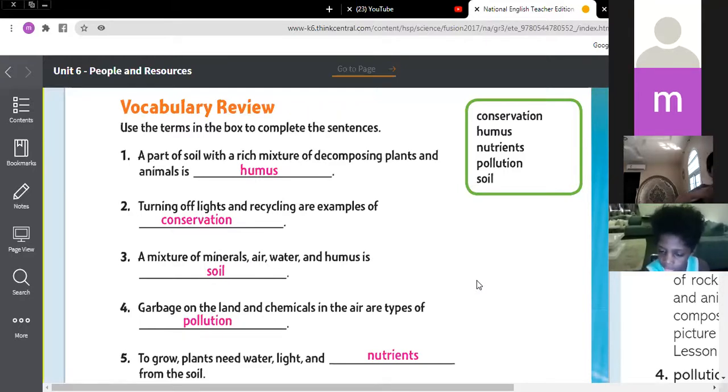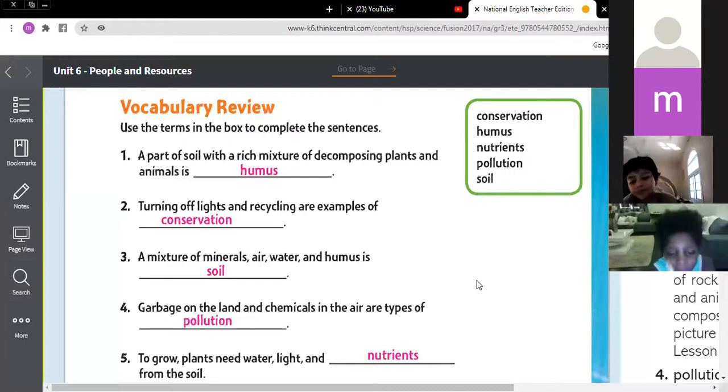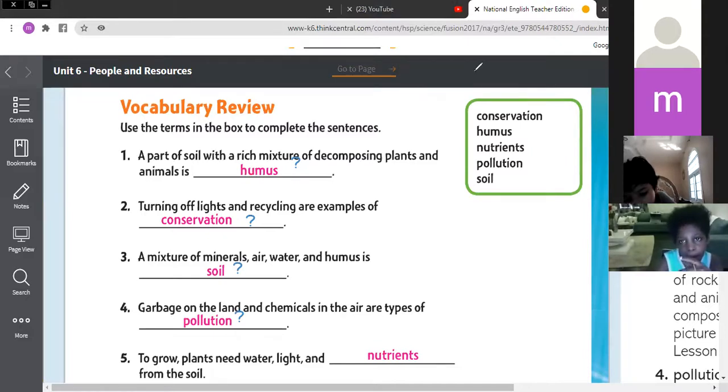Like you have a light now. Look up, you'll find the lamp, right? It's lit now. After finishing the study, you have to turn off the light. Why? To save electricity. Right? Yeah, thank you very much. So it's called conservation. Turning off lights and recycling are examples of conservation.